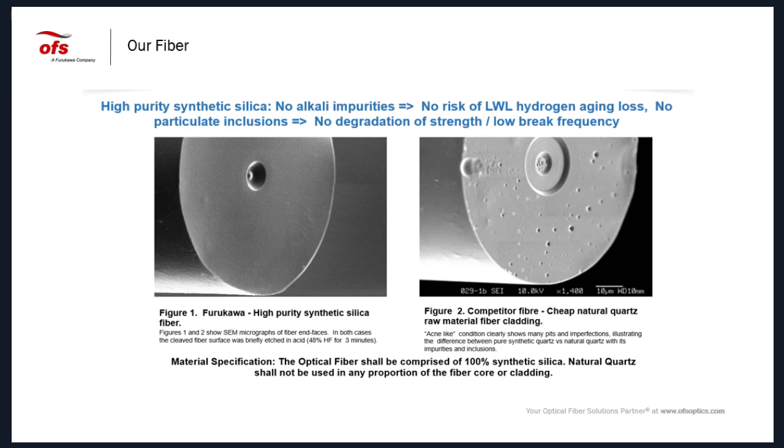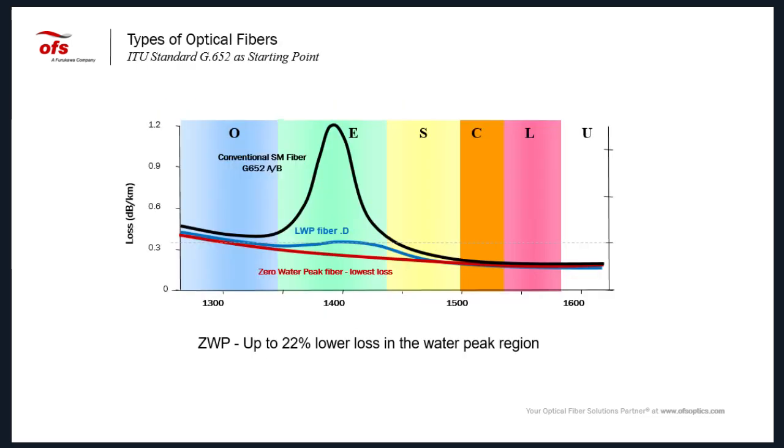After the mechanical reliability of the fiber, we'll talk about attenuation of the fiber. This is the spectral plan of wavelengths. As you see here, it is divided into many bands: the O band, the E band, the S, the C, the L, and the U band. And we have 3 different curves. The black curve presents a high attenuation peak in the E band.